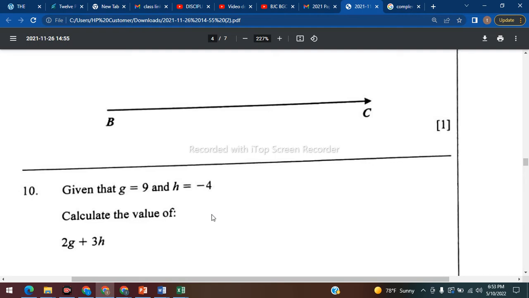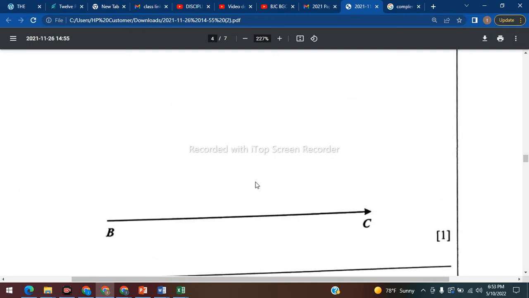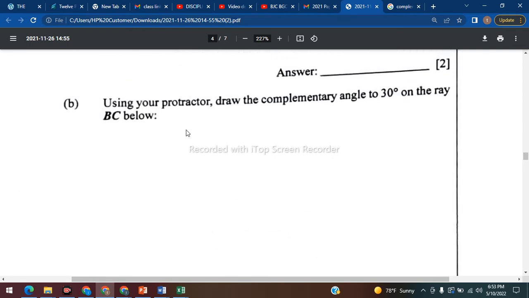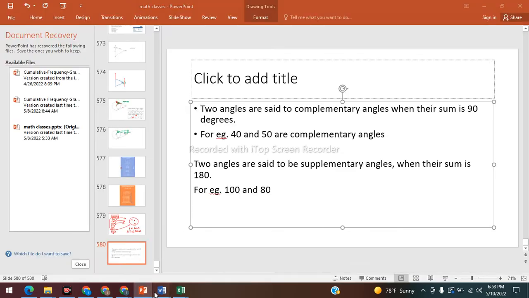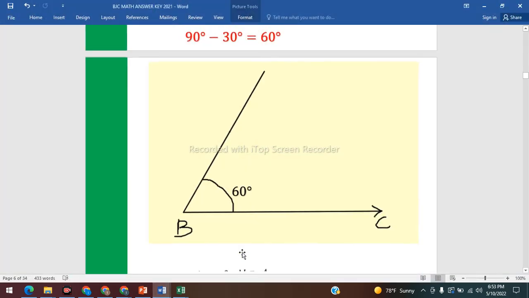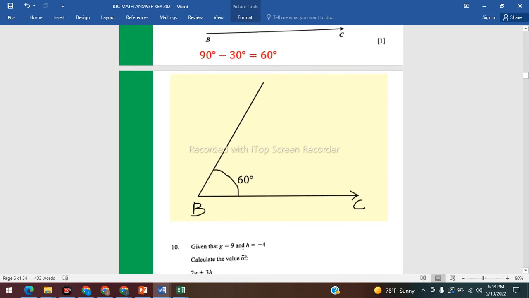Any answers? I get 30. You get 30 for this one? You didn't write this down? I didn't get the angle we have to draw.